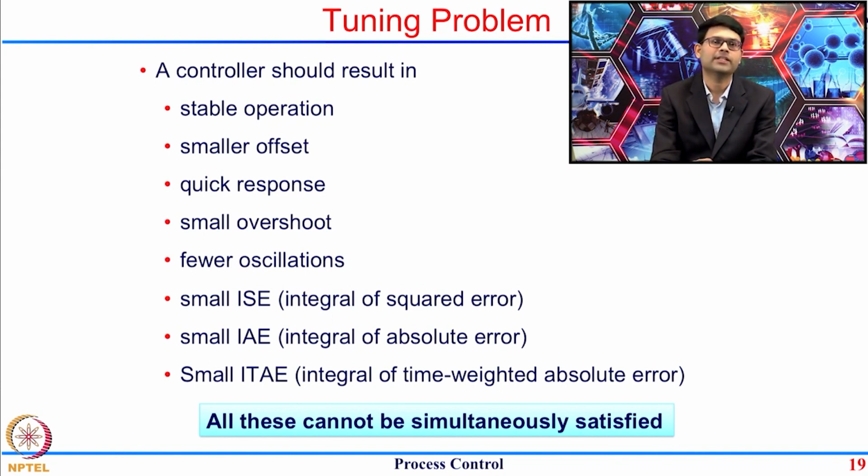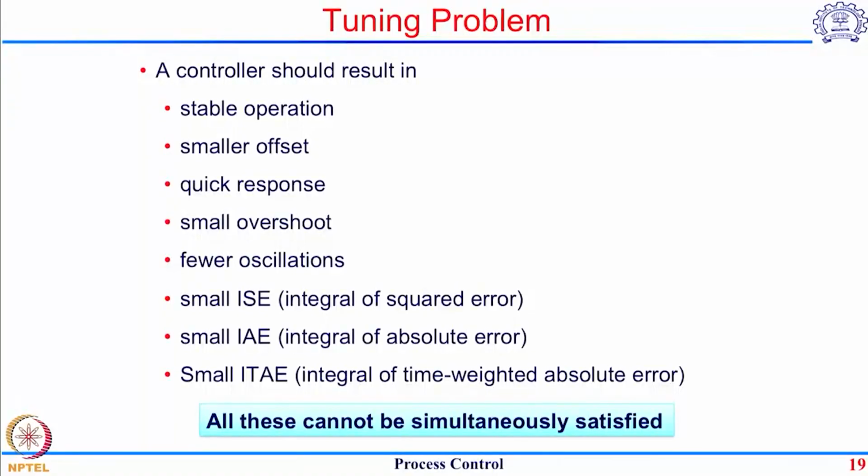Then, as we saw for the previous example, you may have a requirement that the response should be quick. In some cases the requirement may be small overshoot, or small oscillations, and then there are some more quantitative terms like integral of square error. We will look at these last three criteria in more detail when we talk about the methodology.